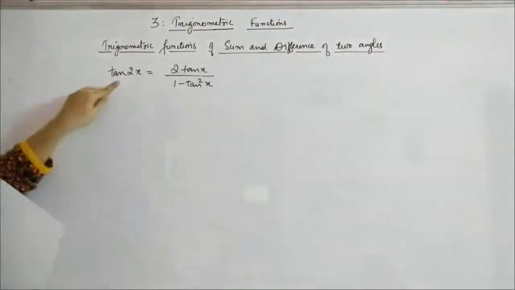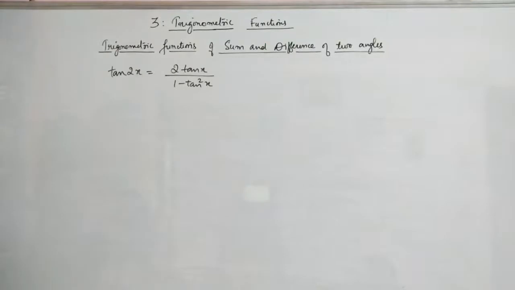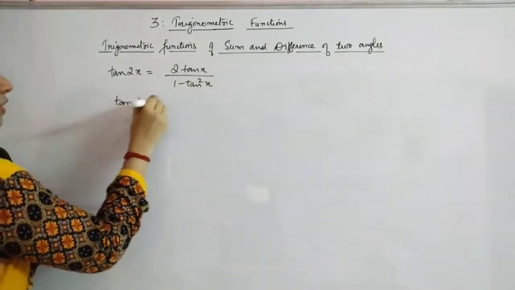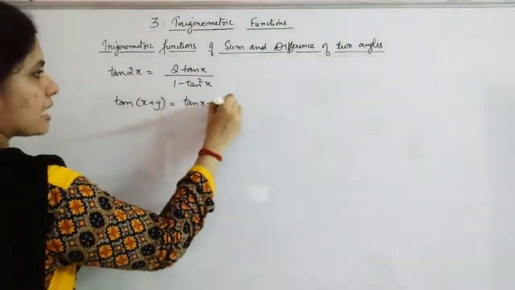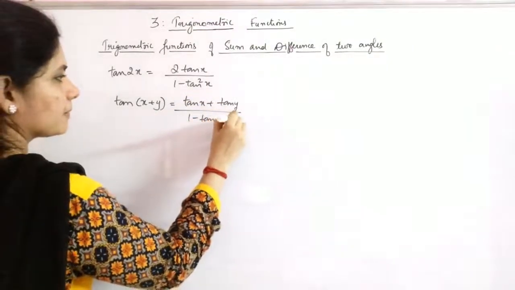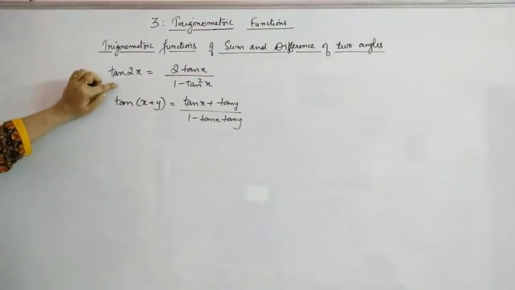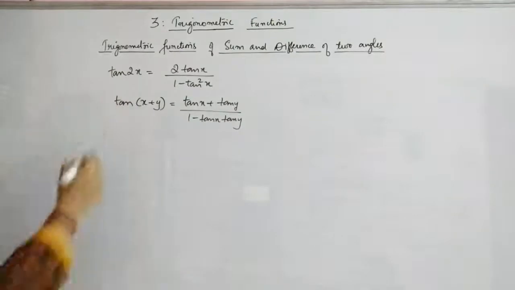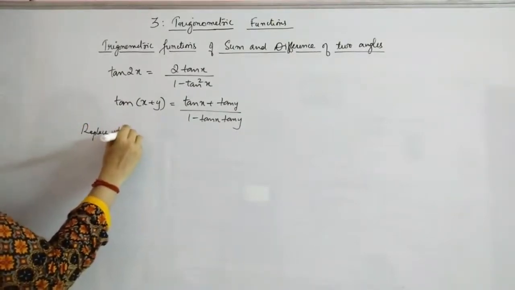Okay. Next one is tan 2x is equal to 2 tan x divided by 1 minus tan square x. So we will start with tan of x plus y, which we already know. Okay, tan of x plus y is tan x plus tan y divided by 1 minus tan x tan y. Now you just see, you have to get your left hand side to be tan of 2x. That means we will replace y with x. Okay, replacing y by x, what will you get?